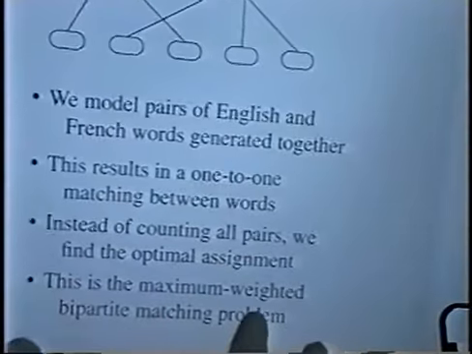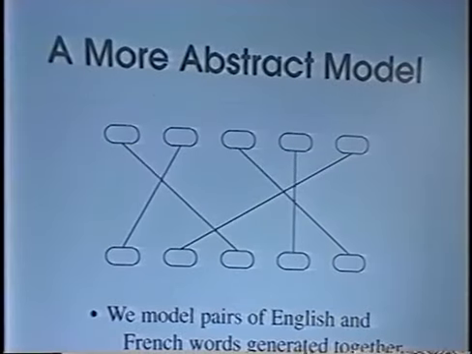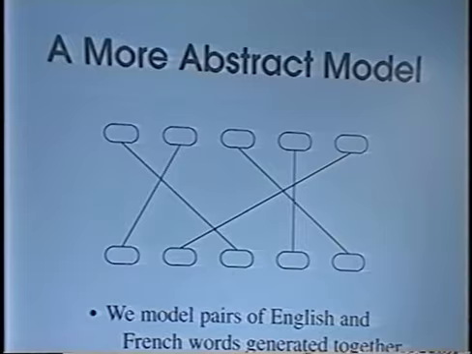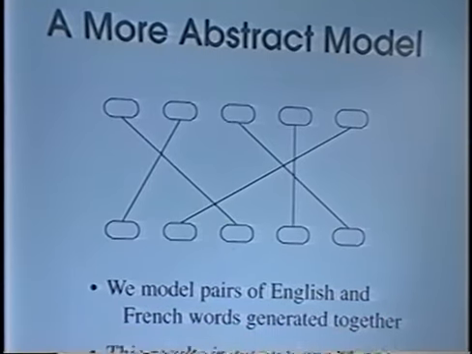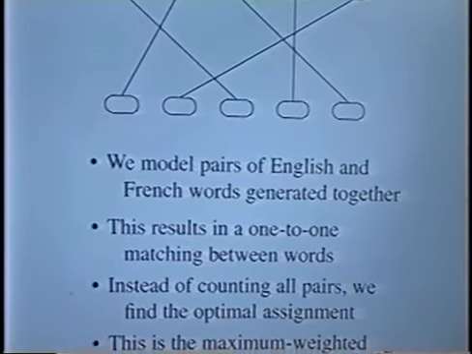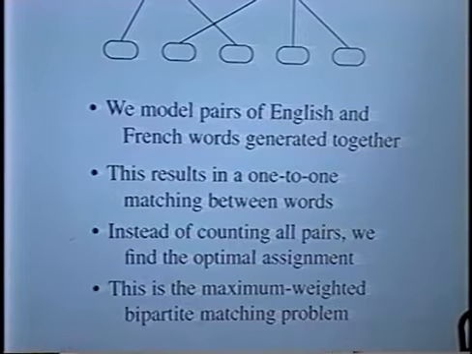A more abstract model, on the other hand, would model pairs of English and French words generated together at the same time. This can be imagined as actually not generating words at all, but generating concepts which have a representation in each language. And this results in a one-to-one matching between words.